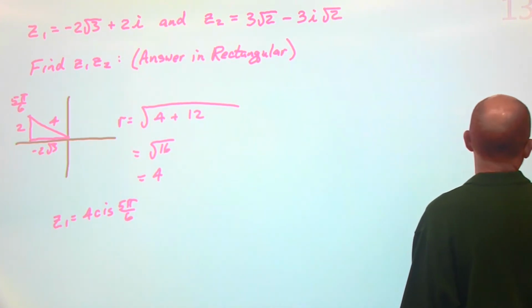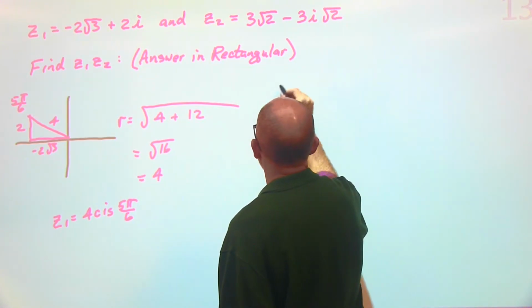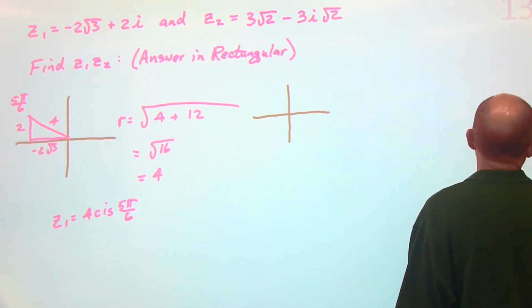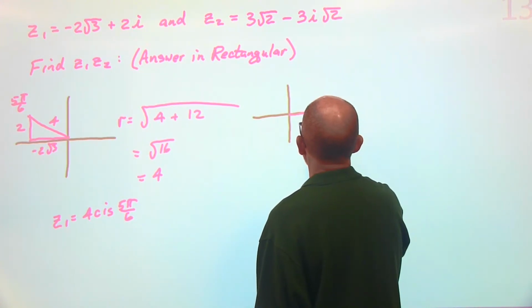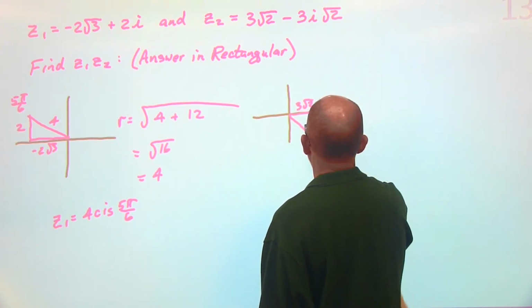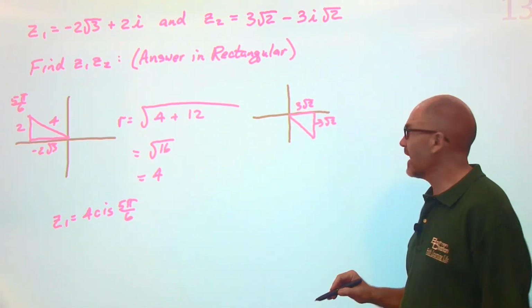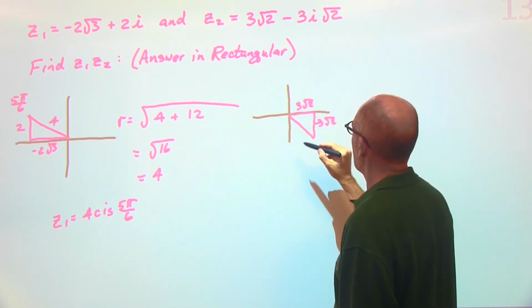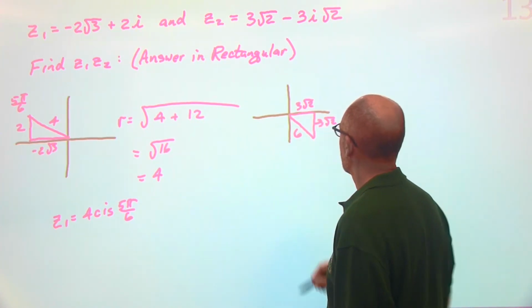Now let's do z2. z2 is 3 square root of 2 minus 3 square root of 2i. Now notice I have two legs that are the same length. That means the hypotenuse needs to be the square root of 2 times this, which is 3 times square root of 2 times square root of 2, which is 3 times 2, which is 6.